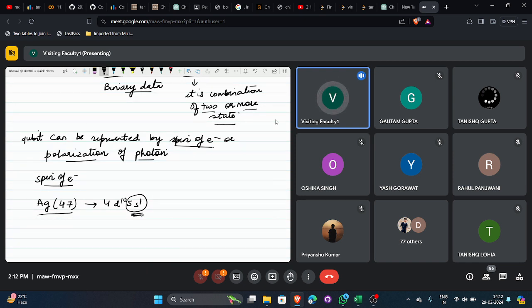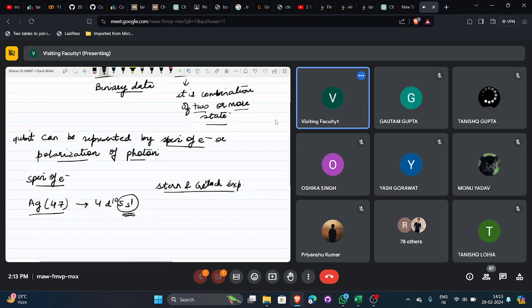Its magnetic field is not cancelled, and that is why we call such substances paramagnetic. So the concept was that the outermost electron's magnetic field does not get cancelled. Taking this concept, he was the first scientist who noticed it, and this experiment is very famous in quantum computing.